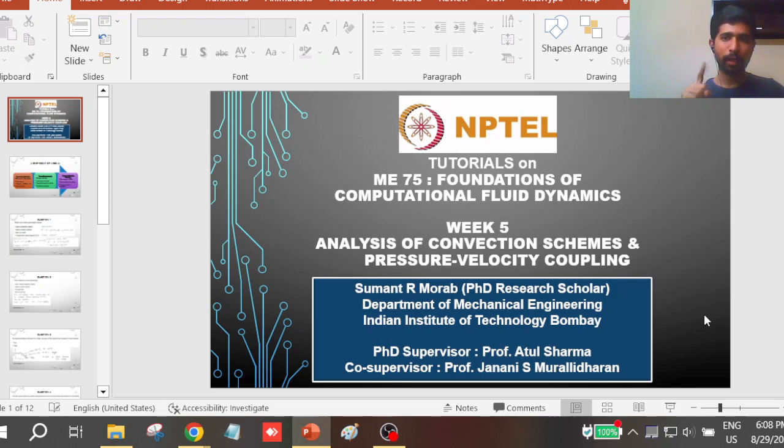The second point is that we will go on to our actual mass and momentum conservation equations for fluid dynamics. Then we will try to see what are the main challenges which we face in this particular mass and momentum conservation solution, how people have tried to overcome these challenges, and what is the current state of the art.